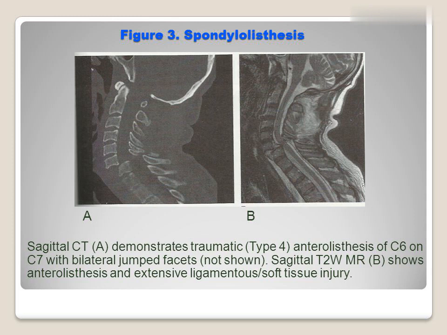A, B. Sagittal CT, A, demonstrates traumatic, type 4, anterolisthesis of C6 on C7 with bilateral jumped facets, not shown. Sagittal T2W MR, B, shows anterolisthesis and extensive ligamentous/soft tissue injury.